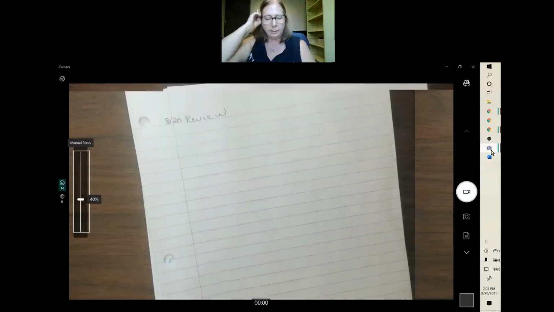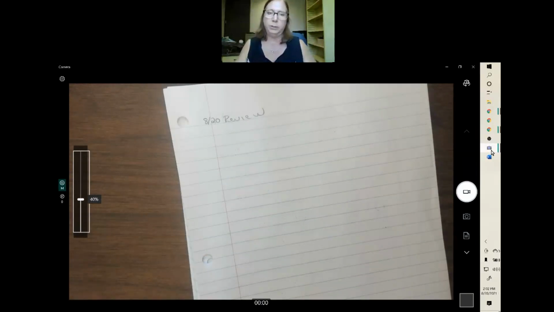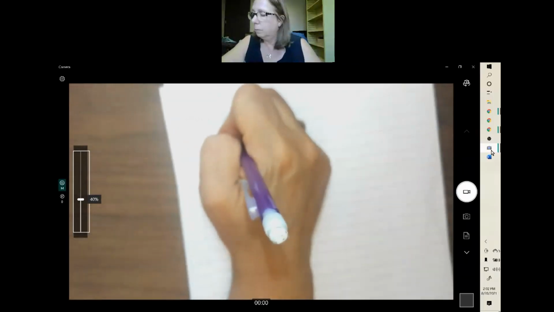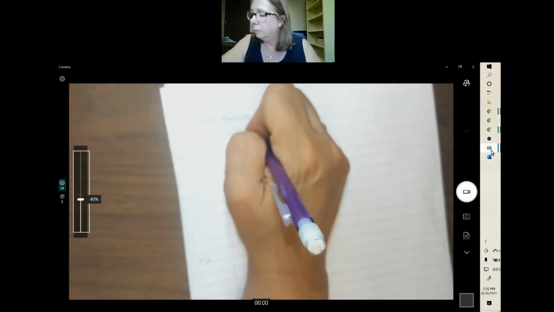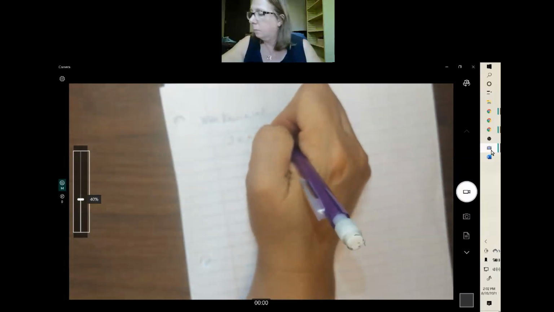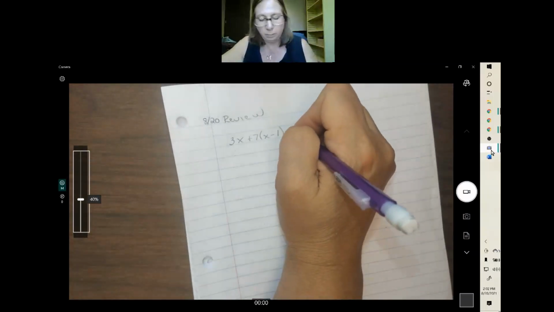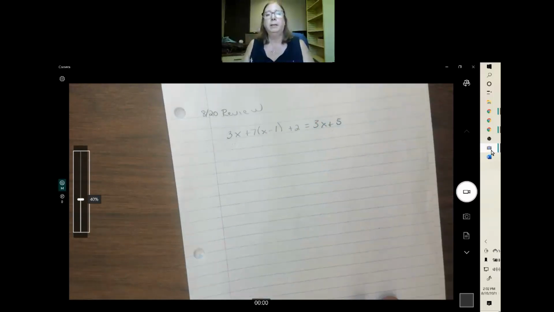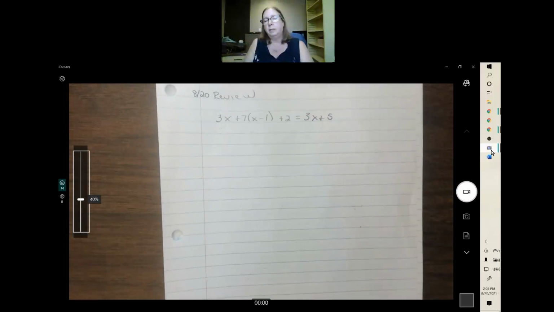We were working last time with dividing fractions, which then goes into solving equations. So if we had this equation, 3x plus 7 times the quantity x minus 1 plus 2 equals 3x plus 5.